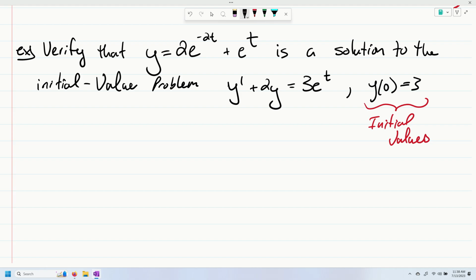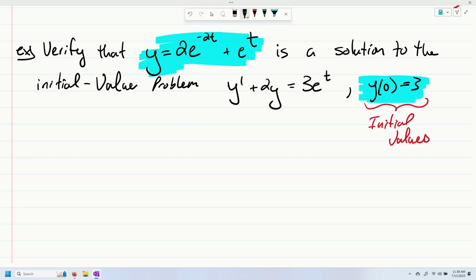So once again, in this example, I am giving you an answer. I am saying, listen, this is a solution. I want you to verify it. Demonstrate to me that it is a solution and include the initial values here.